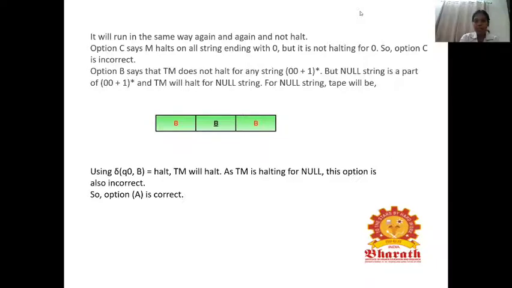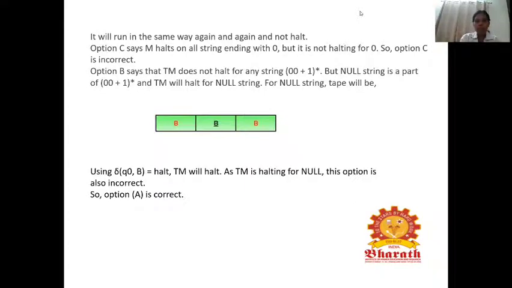For example, see here, both sides are blank. If the starting itself is going to be blank, because it is a null string, obviously it will halt. So the null string is a part of this set. The null string tape will be like this.